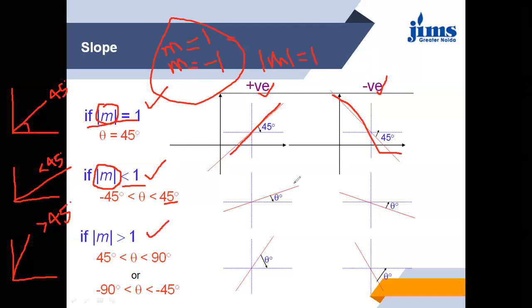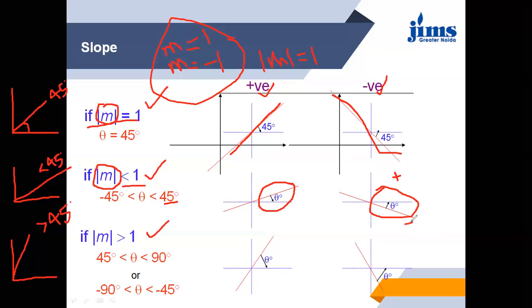If we see over here, this angle is in the positive direction, less than 45, and this is in the negative direction. That is also less than 45, because we saw that the values of these are plus.